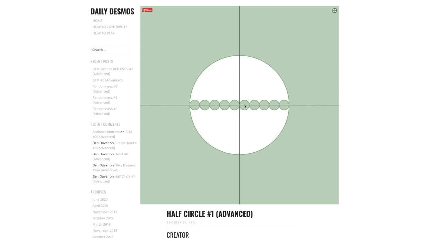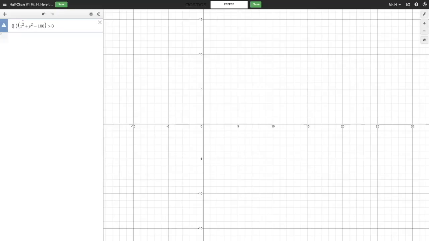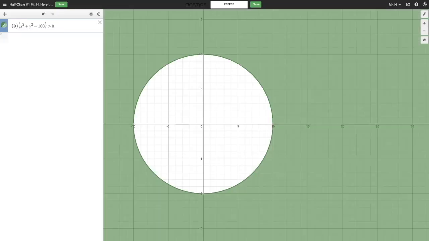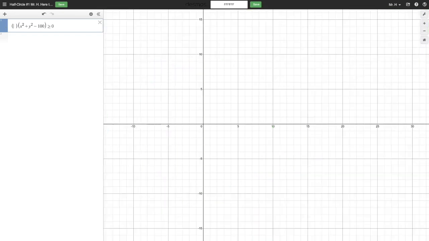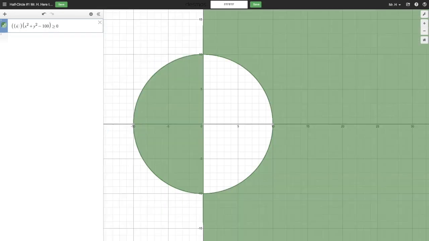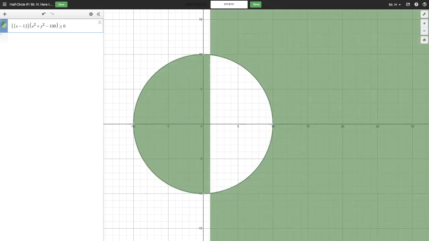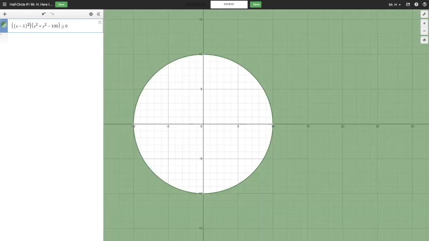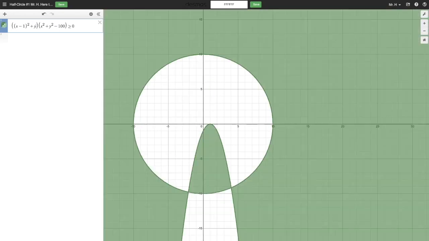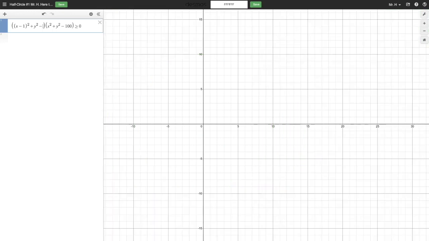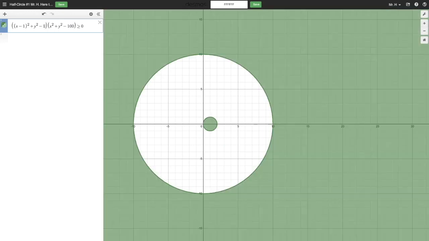So that's a pretty simple little circle to build. So let's go ahead and build that circle first. We've got x minus 1, that's going to get us the correct center, squared, plus y squared. And we'll say minus 1, and that actually gives us a circle exactly where we want it.